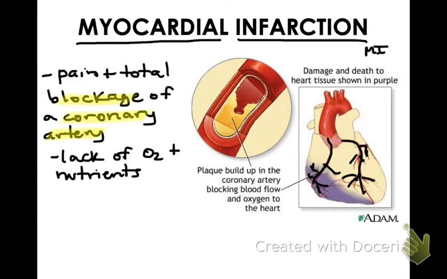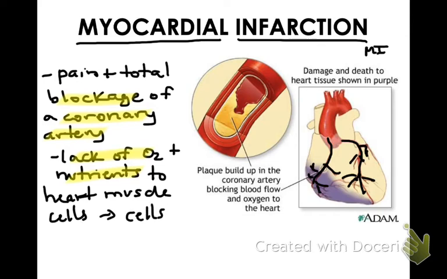Okay. That blockage of the coronary artery leads to a lack of oxygen and nutrients to the heart cells. Those are called heart muscle, remember, myocardial cells. All right, what happens? Well, the cells die. And if those cells die, then you're going to have a loss of function.